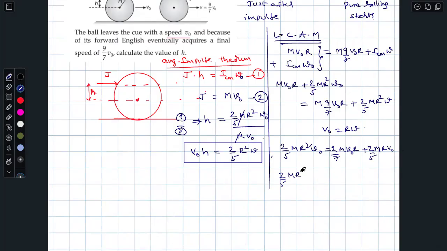2 by 5 m r square omega naught is 10, 14, 24 by 35 m v naught r. m cancels, r cancels. So finally, r omega naught is clearly, boys and girls, 12 by 7 v naught.